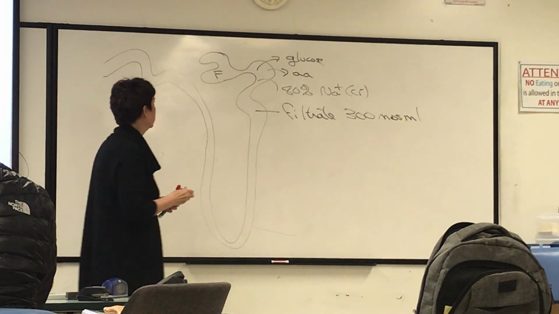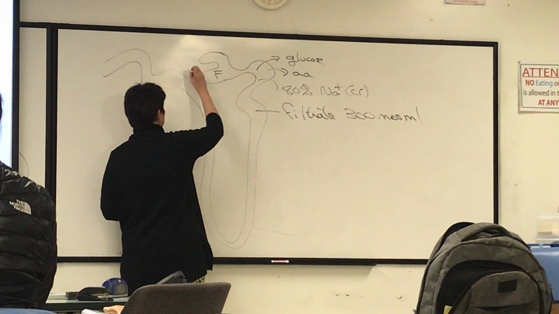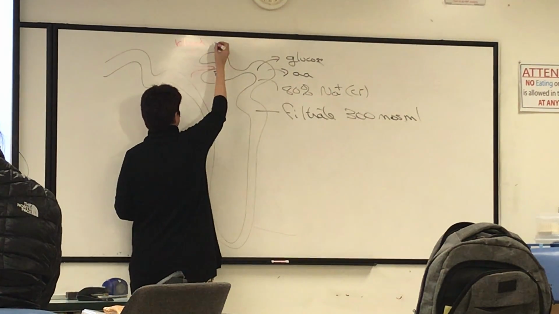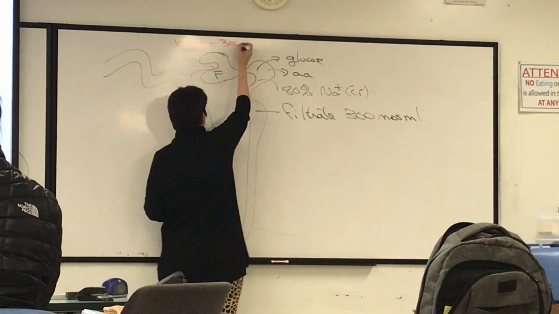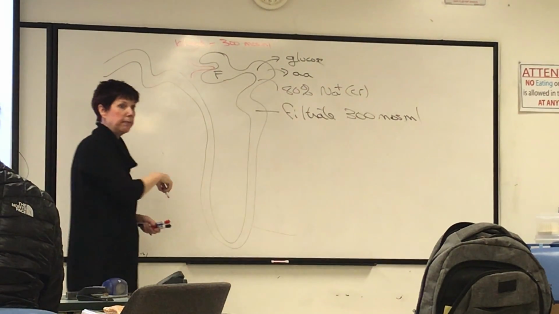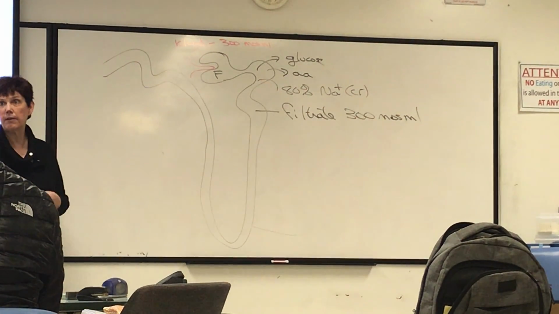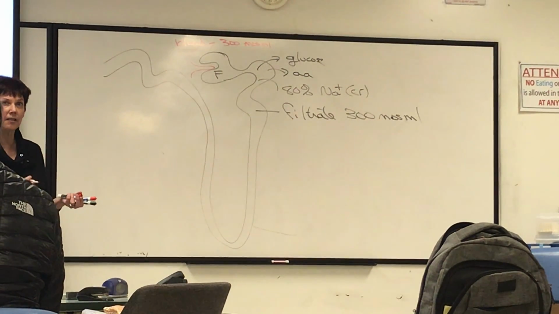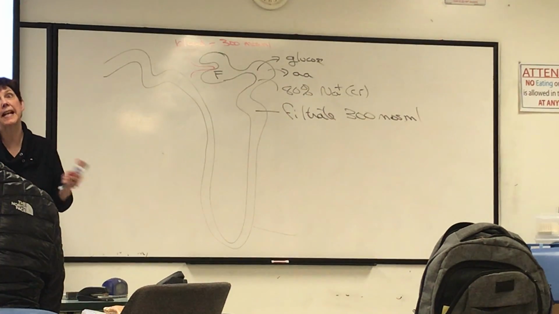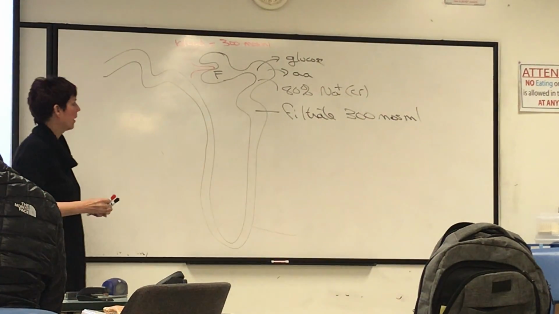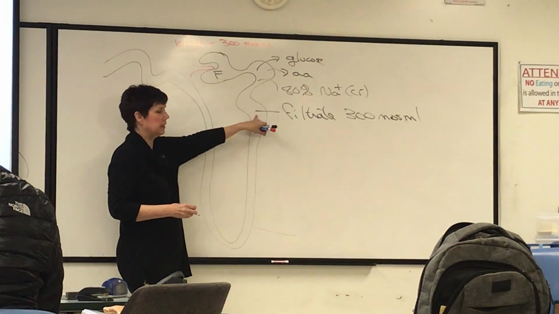So the blood in our blood vessels is also 300 milliosmoles, whether it's in the glomerular capillaries or in the peritubular capillaries. Even with all this moving around of particles, enough water moves or doesn't move to keep the particle concentration the same.